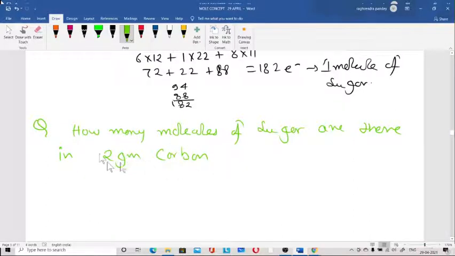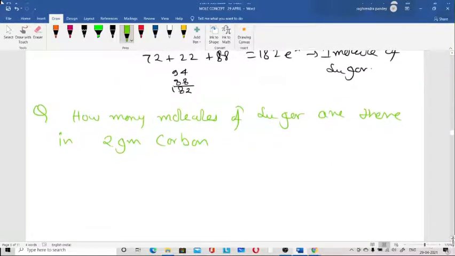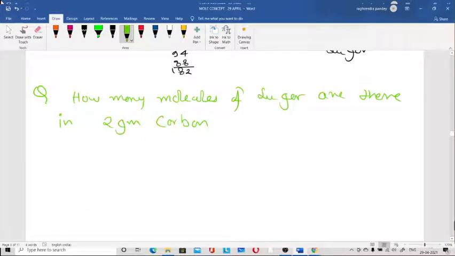If carbon weight is 2 gram, how many molecules of sugar are there? You can solve it here. I will solve it here. If you want to leave, you can leave. I will solve it after 1-2 minutes.